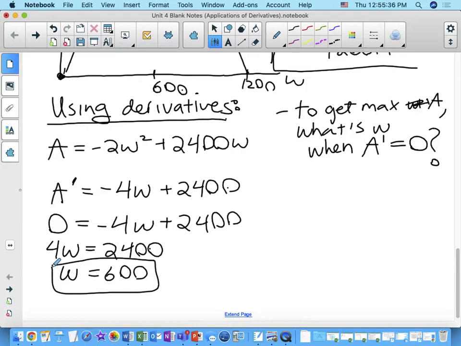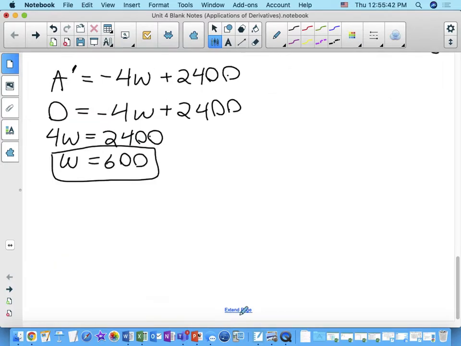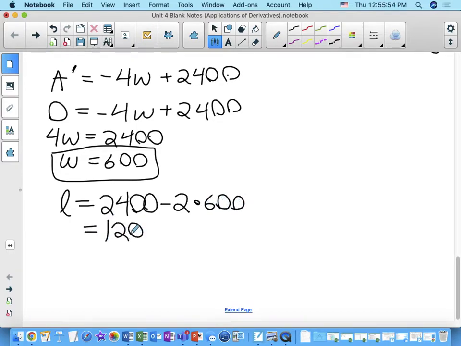Okay, once you have the width, you can figure out the length, because the length equals 2400 minus 2 times the width, which is 1200.